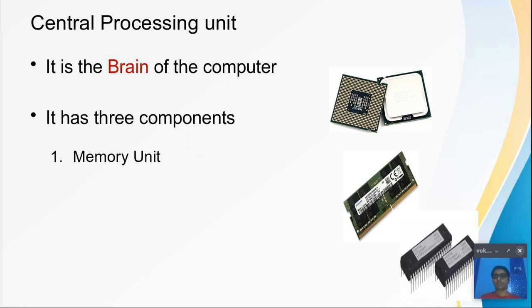The first is your memory unit, where intermediate results or instructions are stored. That is, those results or data which are required for processing are stored in this unit.